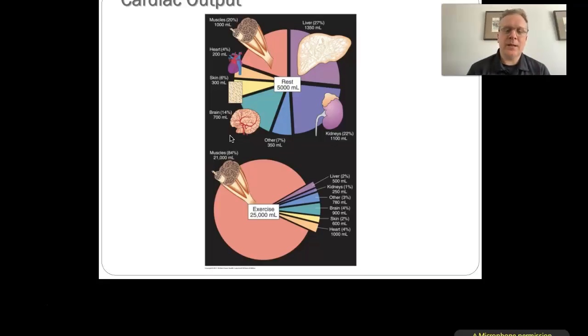So the percentages are different, but the actual blood supply in some of these cases is getting more blood. Definitely during exercise, we're going to see vasoconstriction in some of those organs that we don't need during exercise. So we're going to see that shunting of blood to the working tissues, and we don't need as much blood to these different organs. You can see this in this pie chart here that represents that.